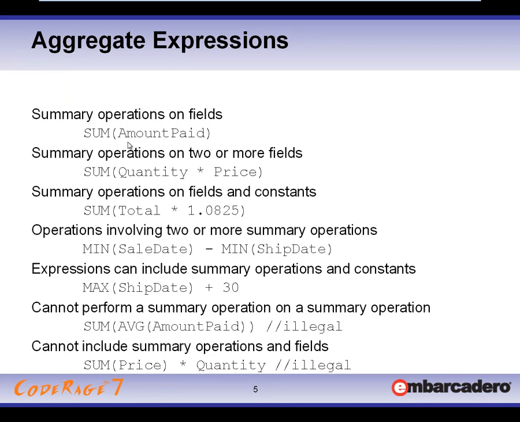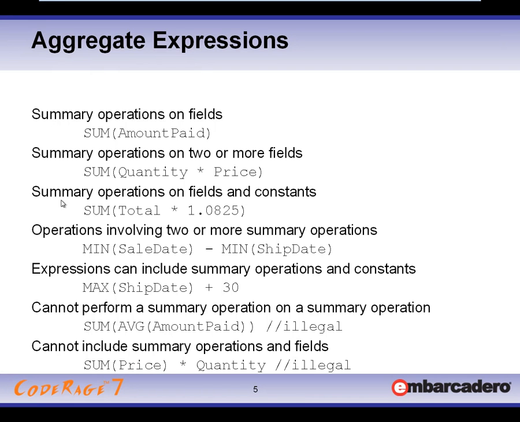So in this line here, you see amount paid. Amount paid is actually a field, it would be a field in the database, potentially. And in this case, we're using one of the summary operators, sum of amount paid. That is a typical summary operation. Now, what you can also do is perform these summary operations on two or more fields and use operators to create more complex expressions.